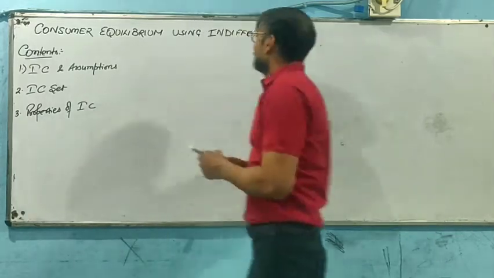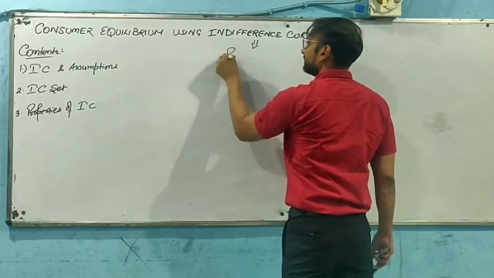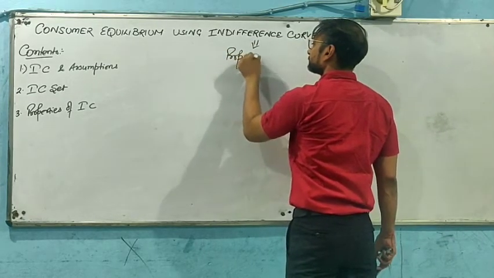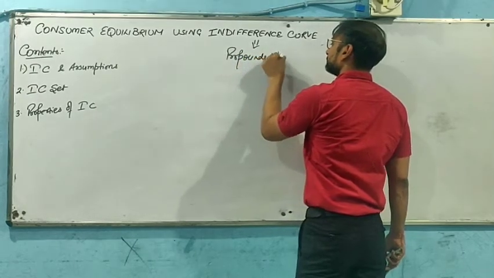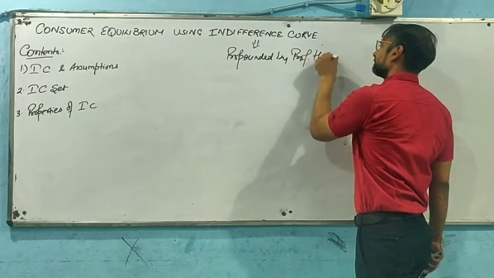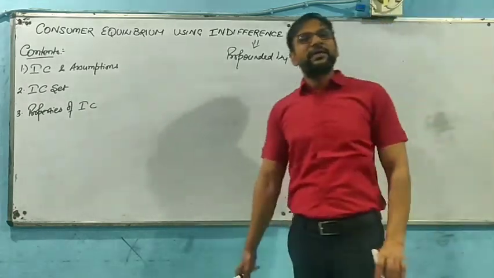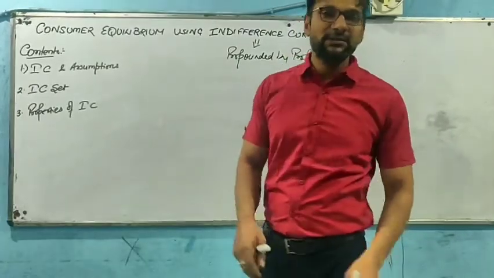In simple words we can say indifference curve is basically propounded by Professor Hicks, since he did not believe that utility can be measured in terms of numbers.